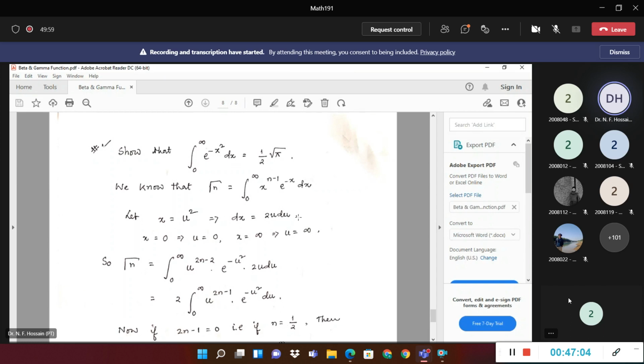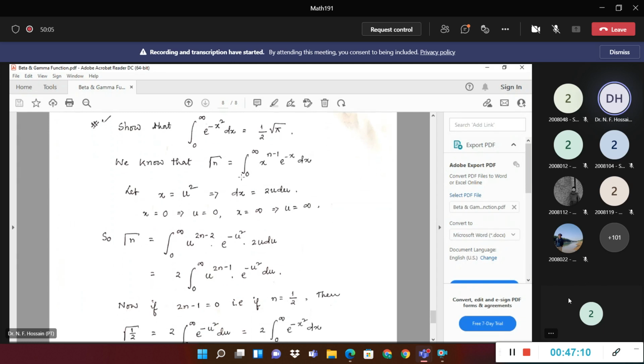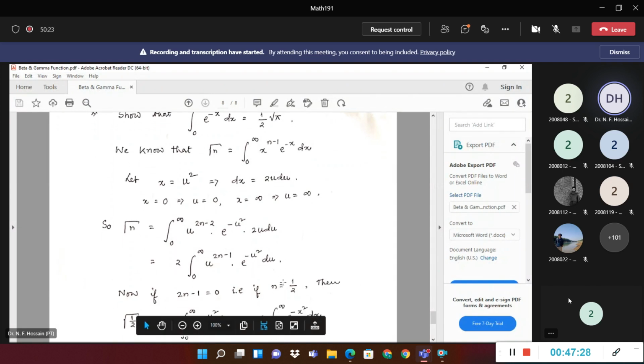So dx will be 2u du, and adjust the limits. There is no change in the limits, and this gamma n becomes integral 0 to infinity. x becomes u square, so u to the power 2n minus 2 into u, and in place of x we write u square, so e to the power minus u square into 2u du. Now adjust the power of u. It should be u to the power 2n minus 1 into e to the power minus u square du.